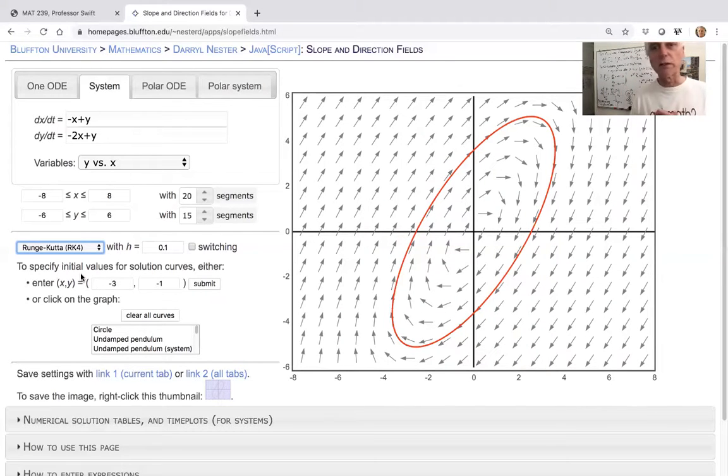So there's the trajectory. One of the things to notice is that there are no directions where the arrows are pointing straight into or straight out of the origin. Remember, that was the condition for an eigenvector with a real eigenvalue. If the vector points straight towards the origin, that's a negative eigenvalue, and straight away from the origin, a positive eigenvalue.